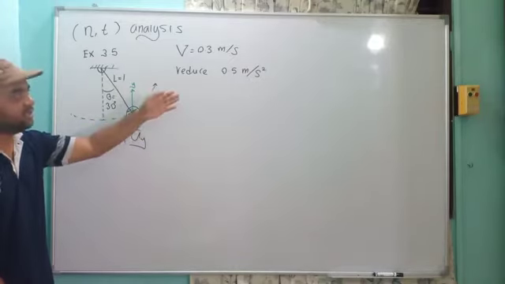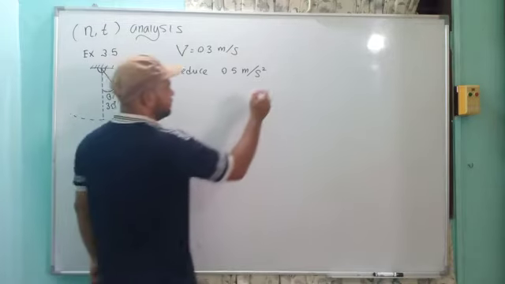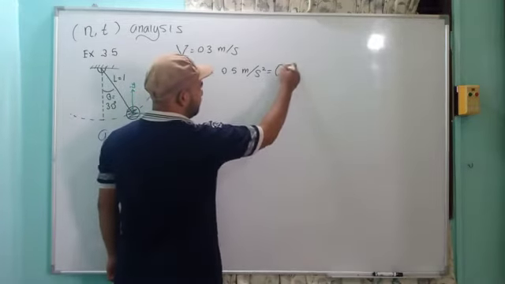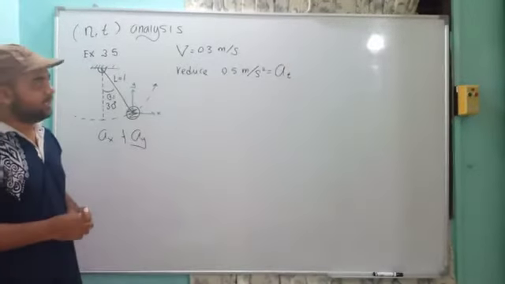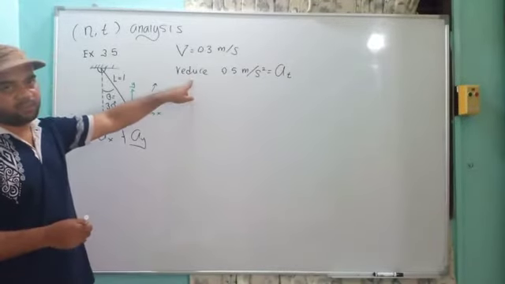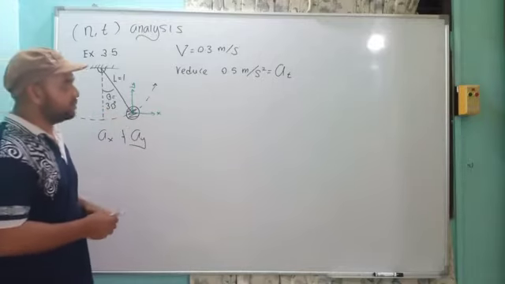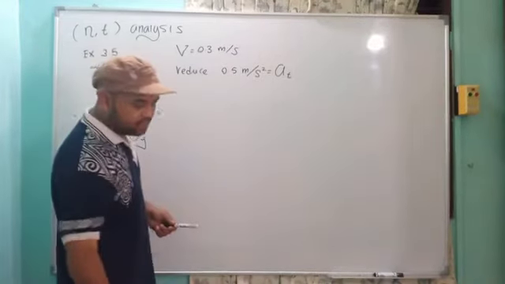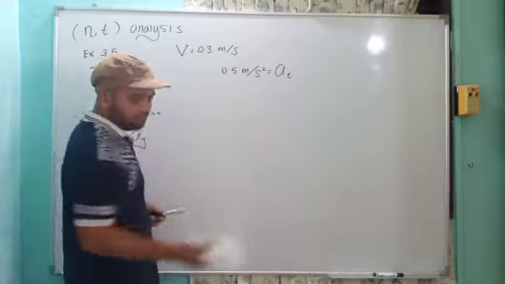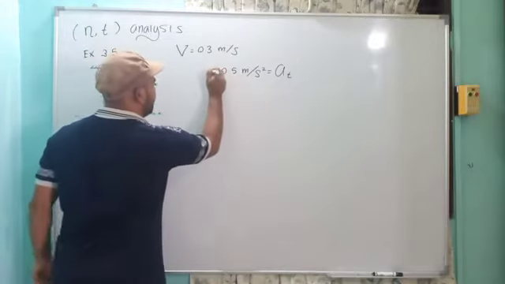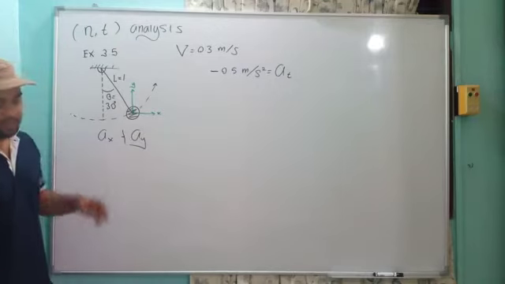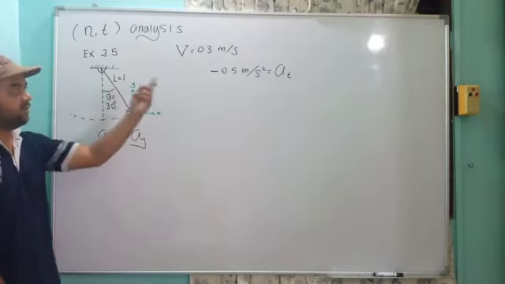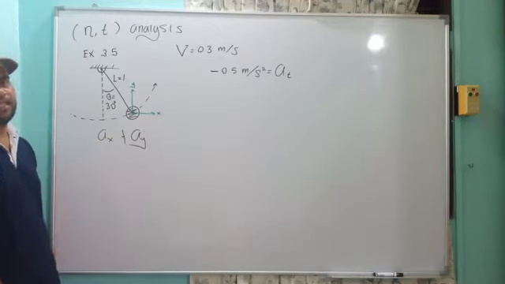The velocity change, this one is the A tangent, and the word reduce from here means that A tangent is equal to negative 0.5 meter per second squared. Because the velocity decrease, we have A tangent, which is a negative value.